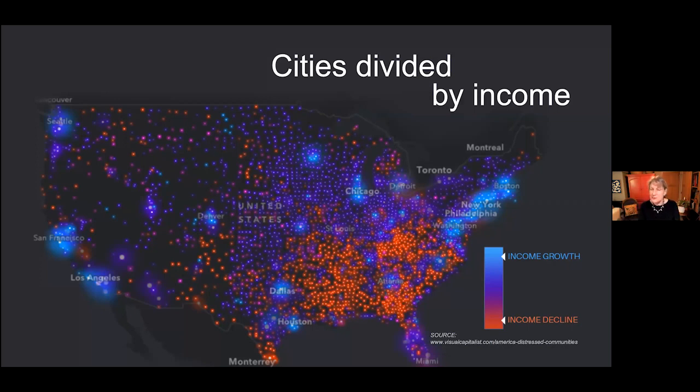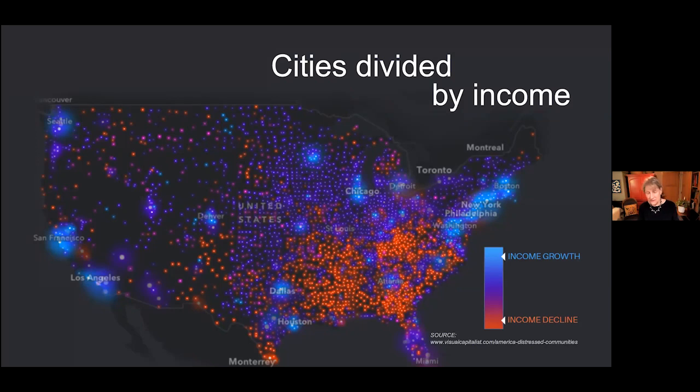The places that have income decline are predominantly regionally concentrated in the South and also areas throughout the West. So this map we could use to talk about any number of phenomena, look at COVID hotspots or who is wearing masks in the United States.